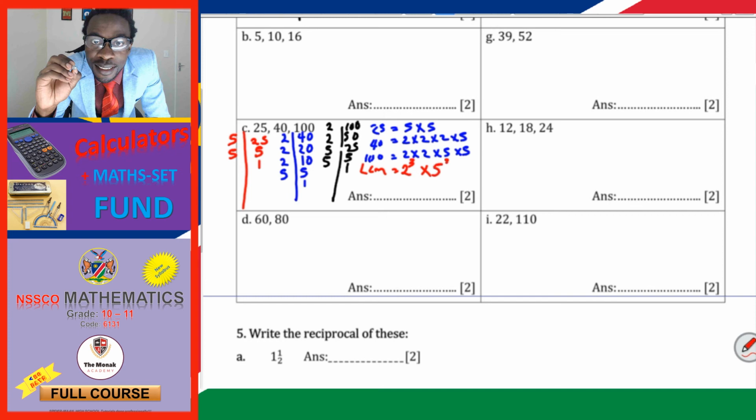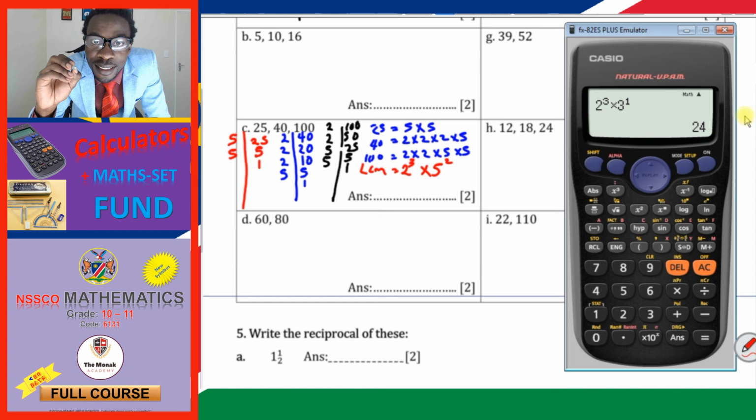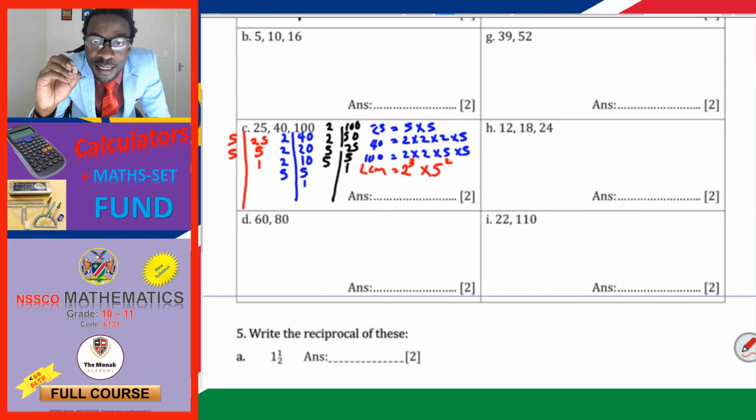So it's 5 to the power 2. So that should give us our lowest common multiple, which is 2 to the power of 3 times 5 to the power of 2. So our lowest common multiple is 200.